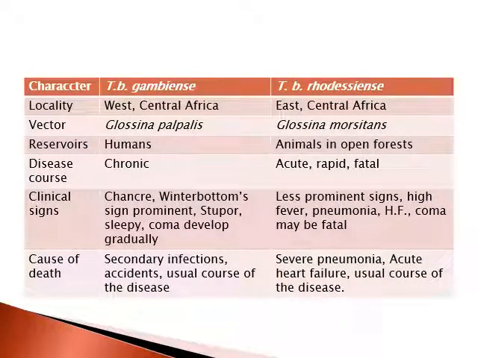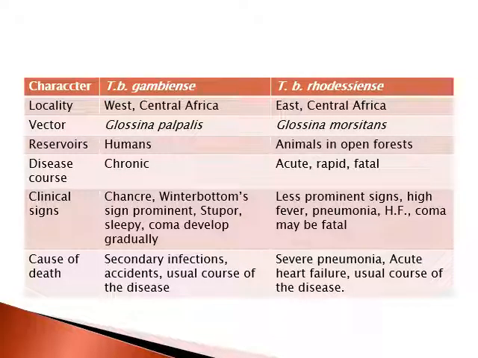Distribution: Trypanosoma brucei gambiense is in western Central Africa, while Trypanosoma rhodesiense is in East and Central Africa. Their vectors also are Glossina palpalis and Glossina morsitans.